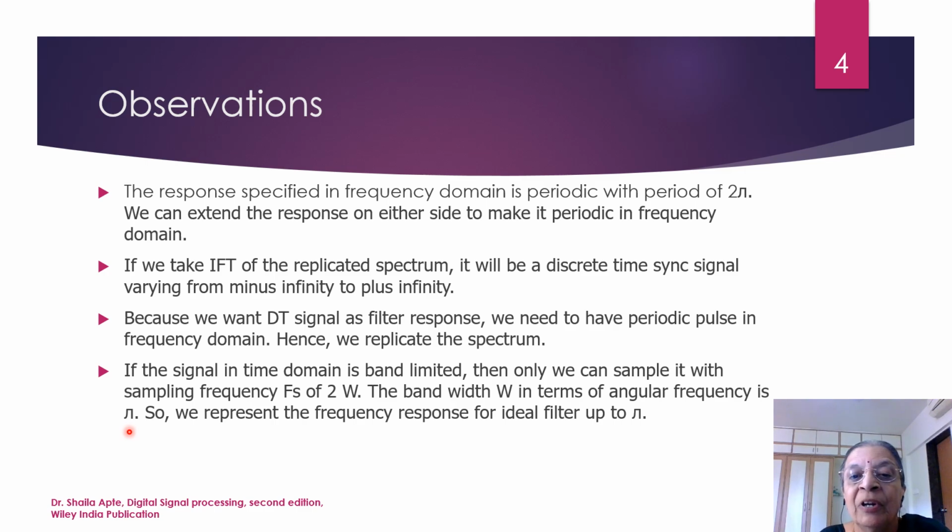So the frequency response will be specified between minus pi to plus pi, and hence it will have a period of 2 pi. We can replicate it on either side and represent it as a replicated spectrum, then we can take it to the time domain, and in the time domain we will get the filter response as the discrete time signal. That is the requirement. This is because we want to design the discrete time filter.